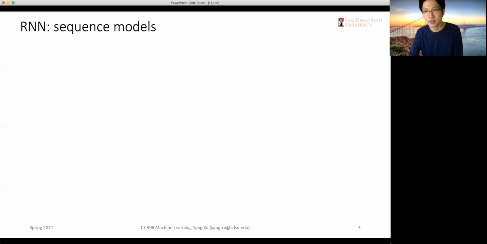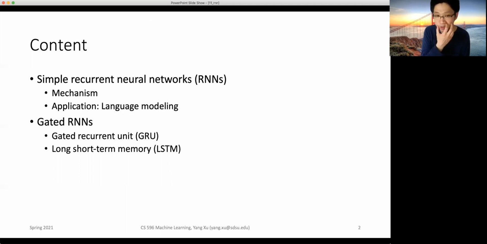Okay. All right. So let's look at the content again. What we're going to do is basically two steps. We will focus on the simple recurrent neural network structure. We're going to dive into the details of how this simple recurrent structure deals with sequential inputs. What are the forward pass and backward pass mechanisms?